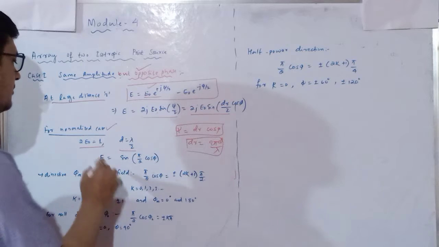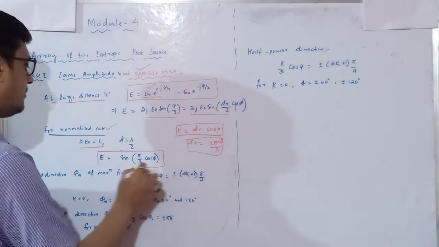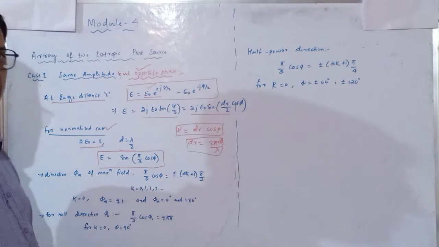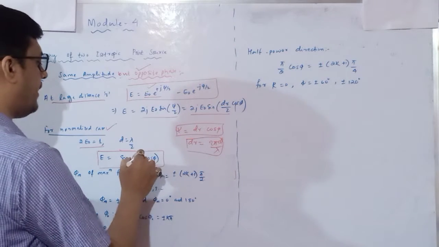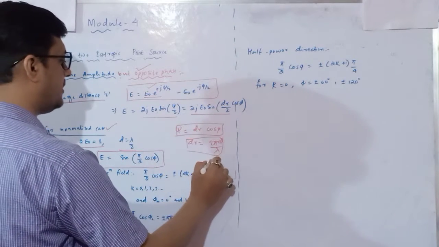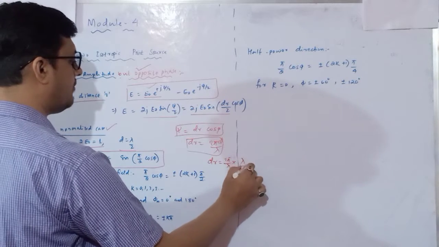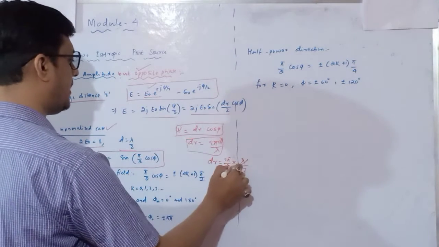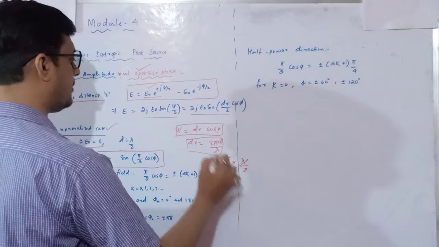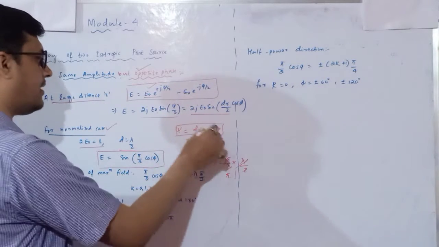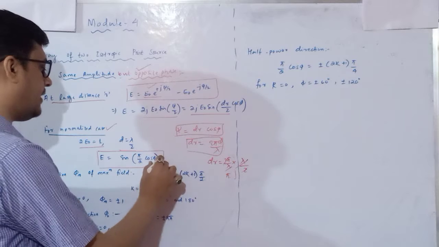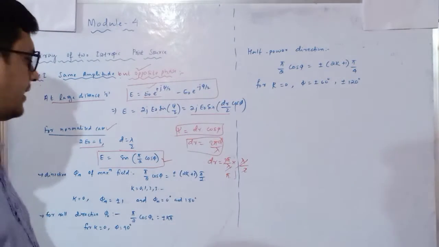So if you substitute, you will get E is equal to sine of pi by 2 cos phi. Now where does this pi by 2 cos phi come from? Here dr is equal to 2 pi by lambda, d is equal to lambda by 2, lambda and lambda cancel, so dr is equal to pi. So it is pi cos phi, now divided by 2, so it is pi by 2 cos phi.